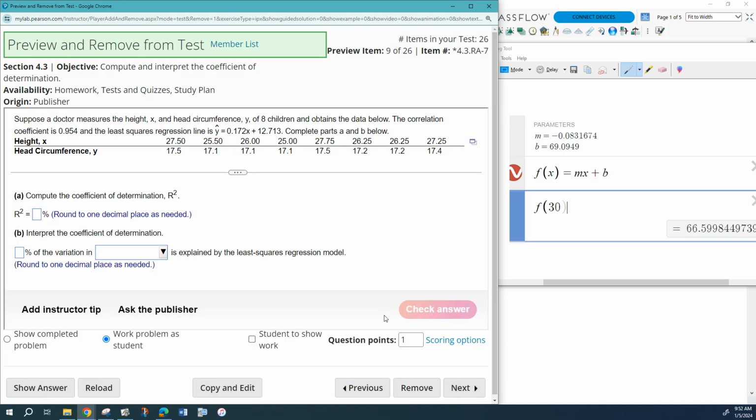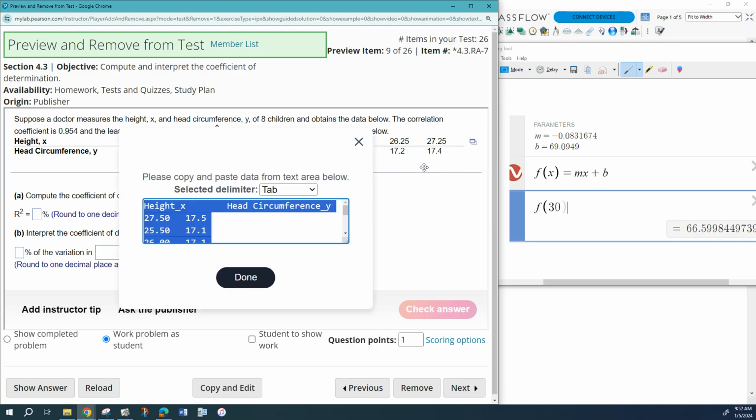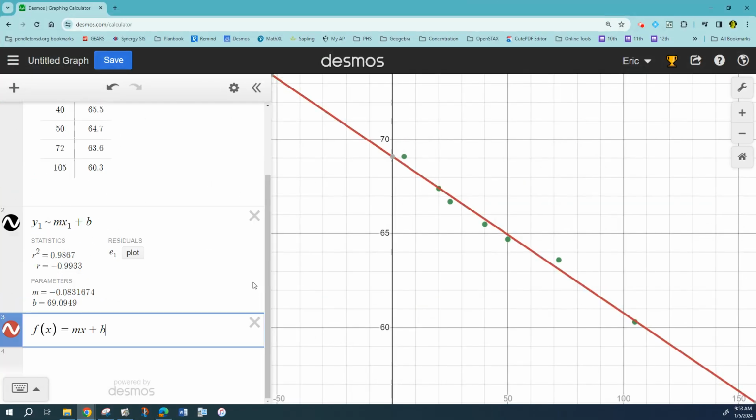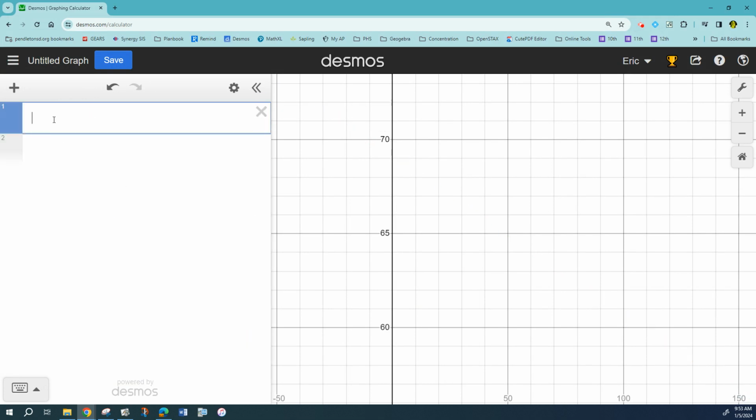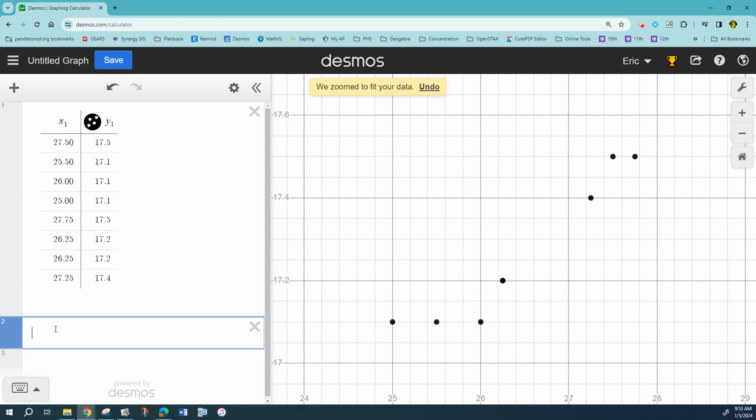Okay, this is the one about interpreting the variation. So we would do the same kind of thing on this guy. I'm going to copy all the data. So Control C. Paste. Go down, make my regression equation.